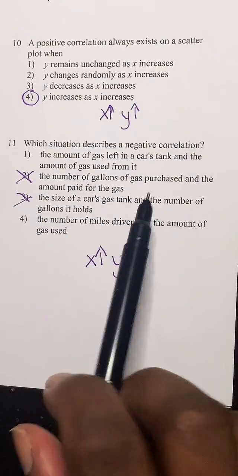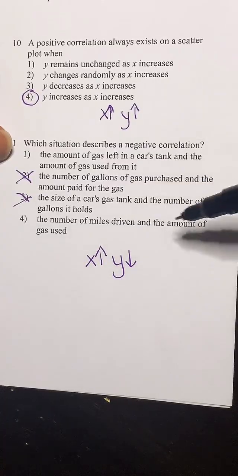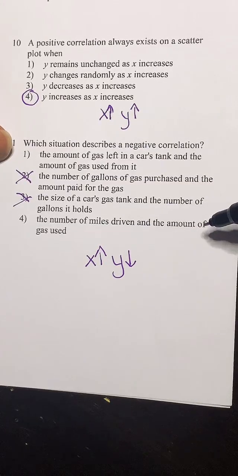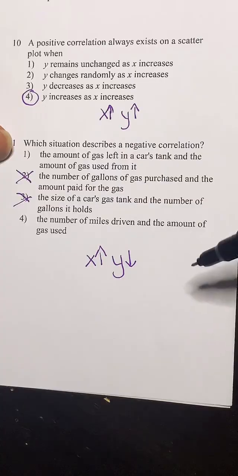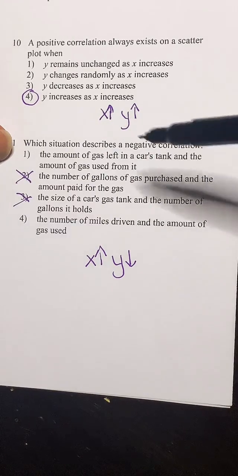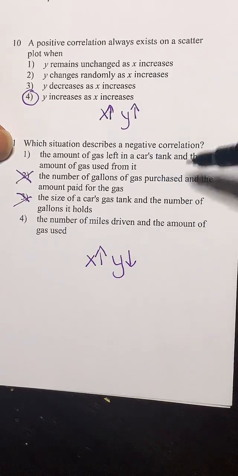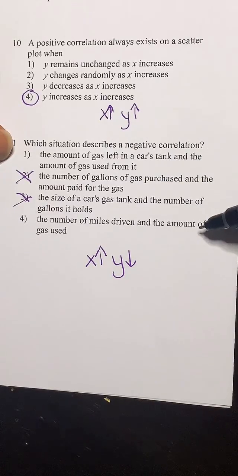So that's more positive. The amount of gas left in the tank, so that's going down, and the amount of gas used from it. So that's increasing and decreasing. So that'll be negative.